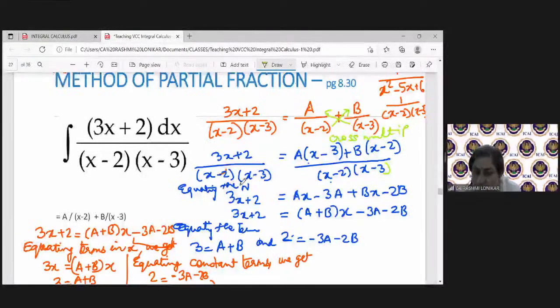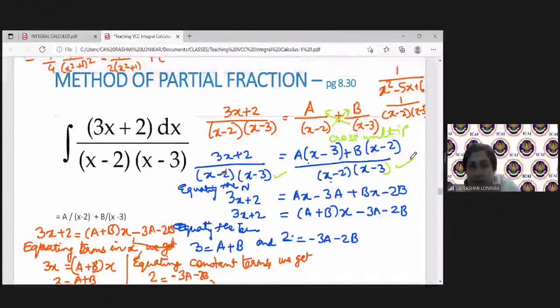Because the denominators in both are equal, I don't talk about the denominator, I only talk about the numerator. The numerator also I expand, I rearrange, then I equate all the terms in x together and all the constant terms together, and I get this answer.